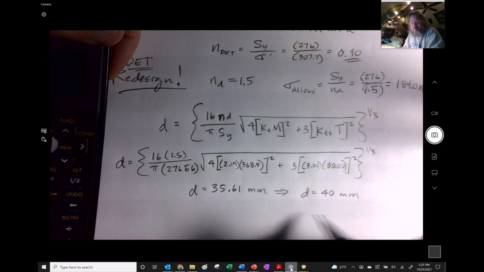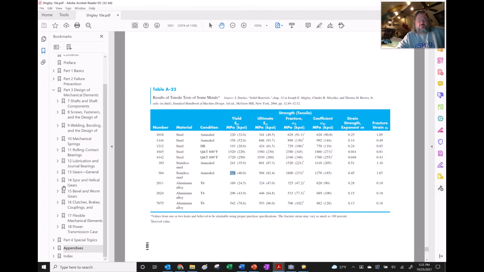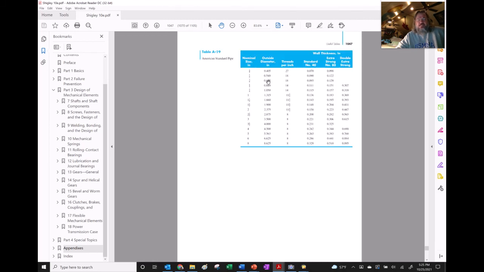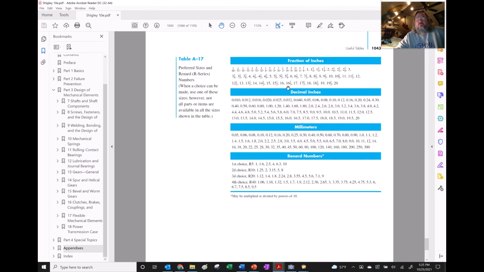I don't think we should do 37.5. Maybe we could do 38. 38 might be one of our standard sizes. Let's double check. Let's look at table A17 and see what they have in millimeters. 32, 35, 40.